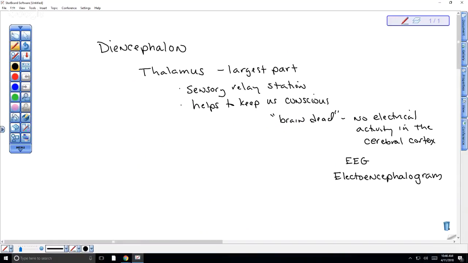Okay. So that's the thalamus. And then we have what is called the hypothalamus. Hypo means underneath. The hypothalamus is really important when we talk about the endocrine system, because it is connected to the pituitary gland.